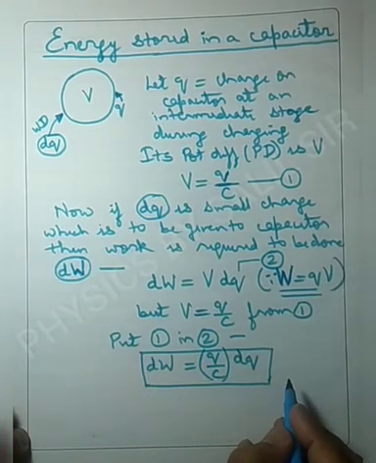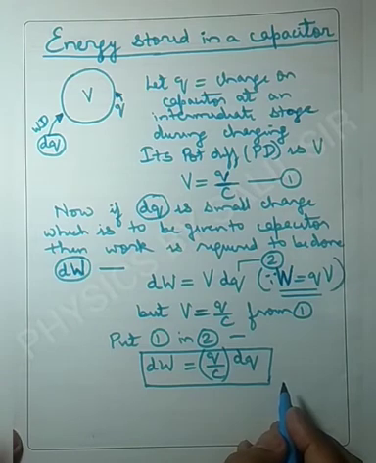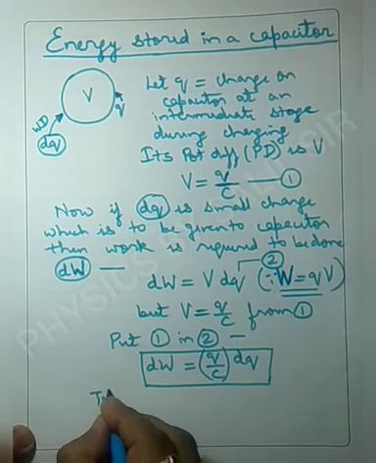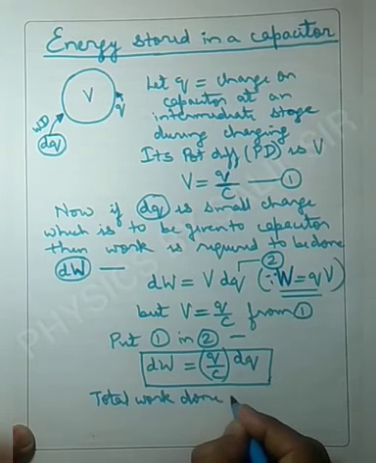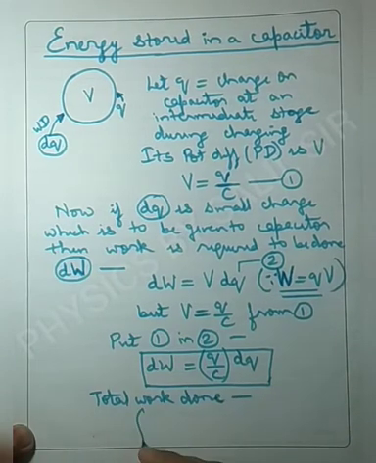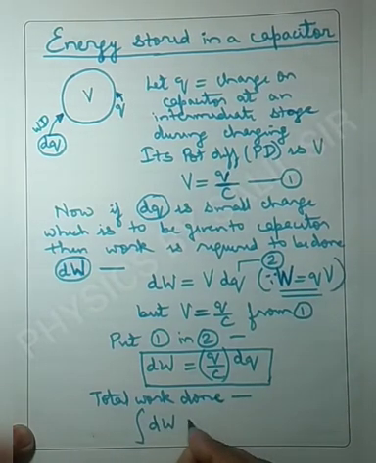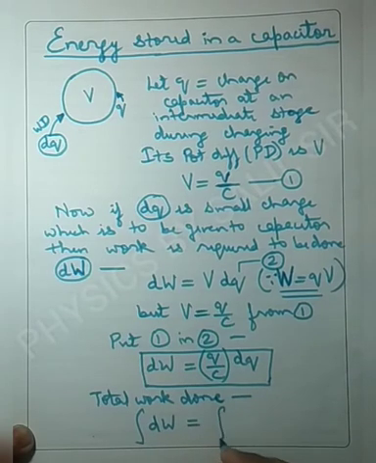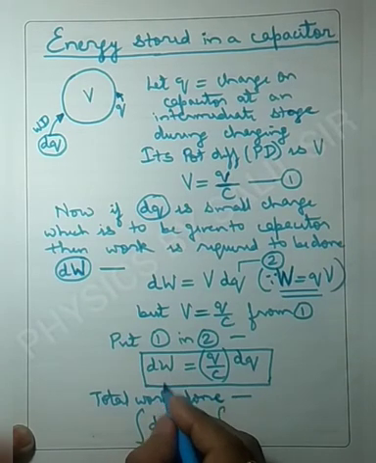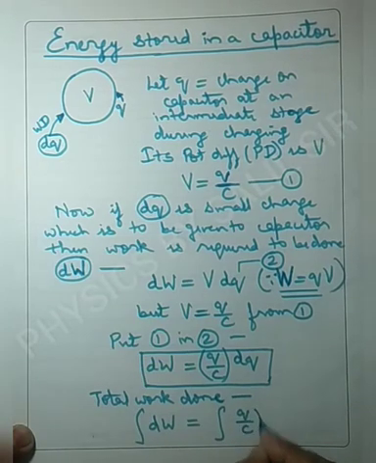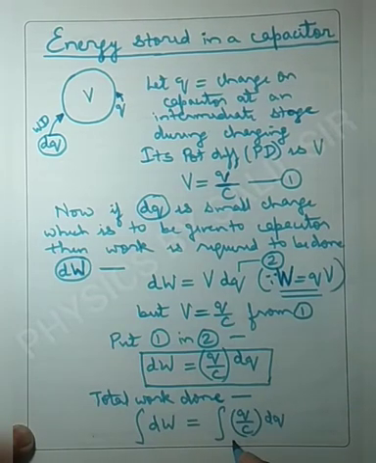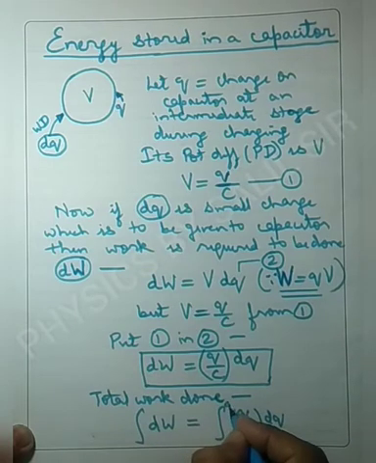Now this is the small work done, but if we want the total work done in charging this capacitor from 0 to Q charge, it can be known by integrating this expression. On the left hand side dW is integrated, and on the right hand side Q upon C dq, and the limit will be from 0 to Q charge.